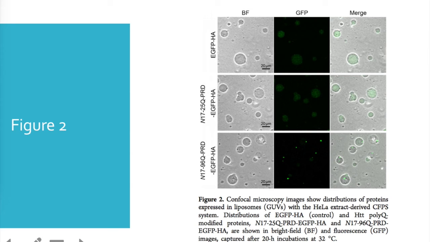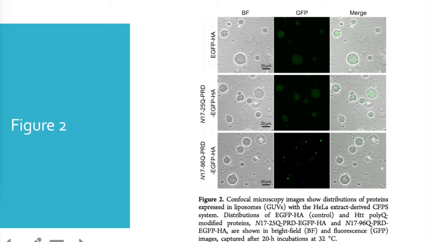Now, these are done with a HeLa extract-derived CFPS system, and so it's a slightly more complicated one that has some cellular components to it. And although it is in vitro, and they were testing in this first experiment in order to see if this aggregation does happen in vitro, it was confirmed, but it doesn't necessarily say that aggregation is an intrinsic property of the polyQ repeats.